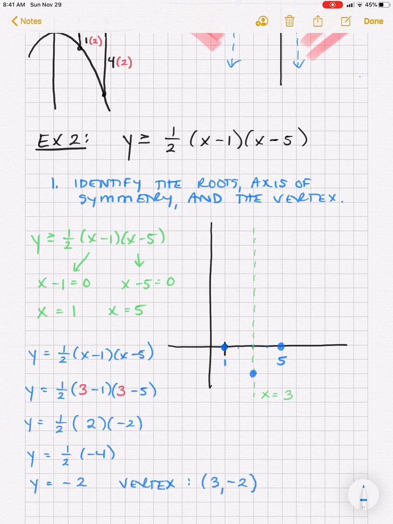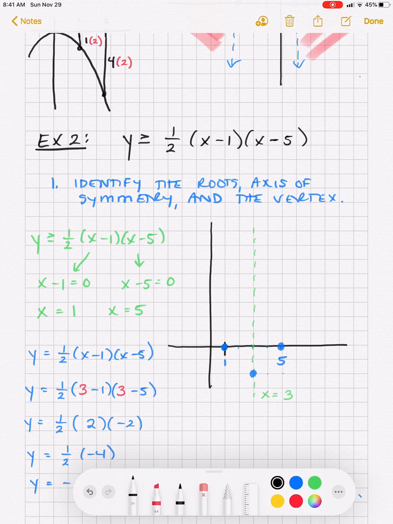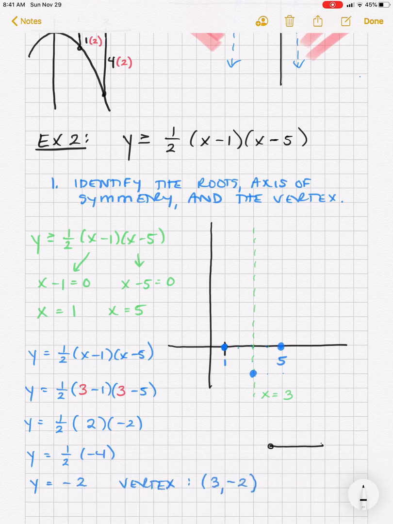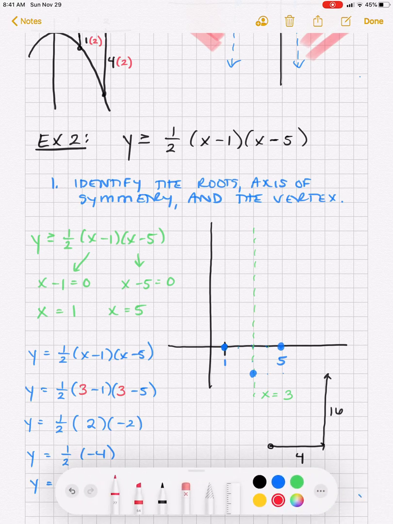Now typically when we graph, I like to plot at least 5 points of accuracy so we can see that if we move over 2 units, we go up 2. I can also recall that if you move over 4 units from the vertex, you go up 16, but with our vertical shrink of 1/2, we're going to multiply that 16 by 1/2.